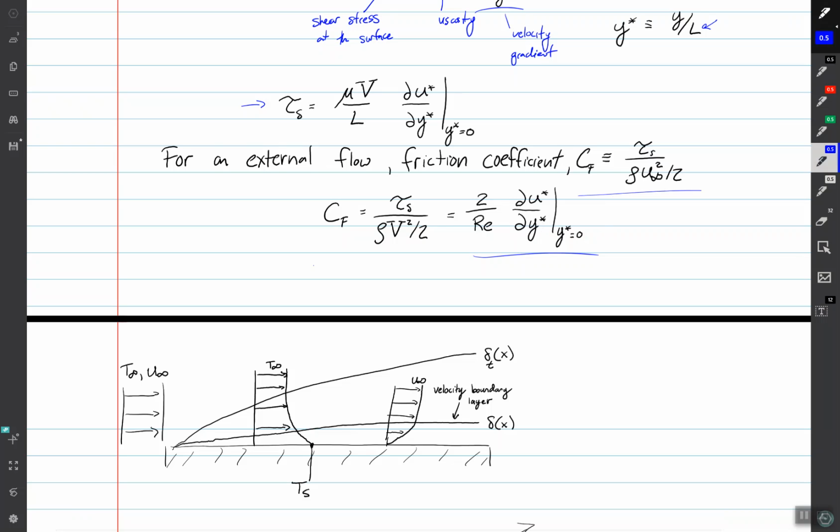So the friction coefficient is also a dimensionless number. That's really what we're trying to do, build up all of these different dimensionless numbers. CF describes the velocity gradient at the surface.